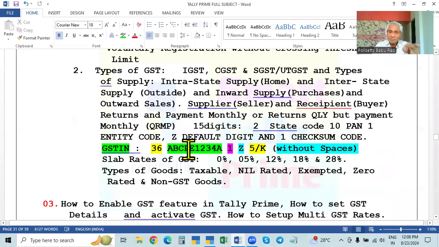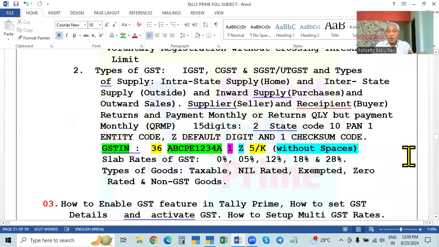So the owner's number, this is the PAN card, and it is used for the corporate business also. So P means person, that means individual or proprietary concern. In the case of company, it will be C. In the case of partnership firm, it is termed as F. A means association of persons.